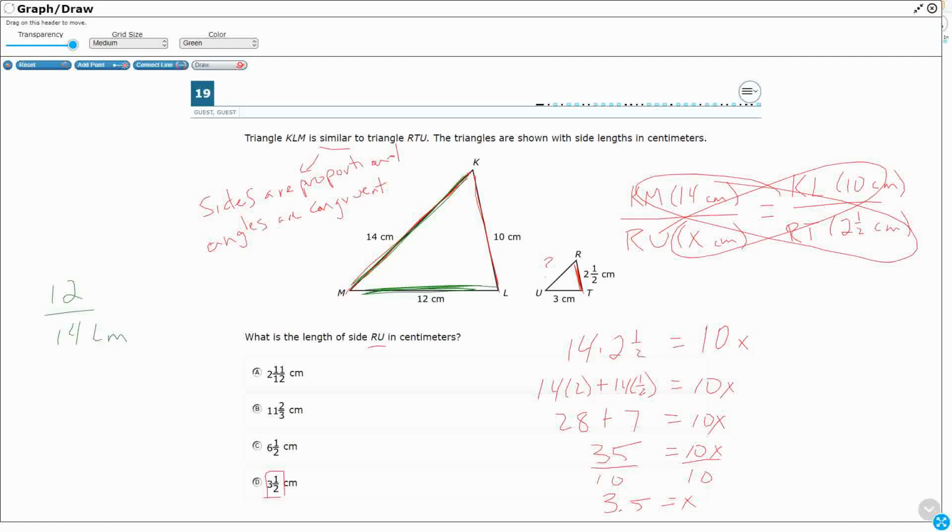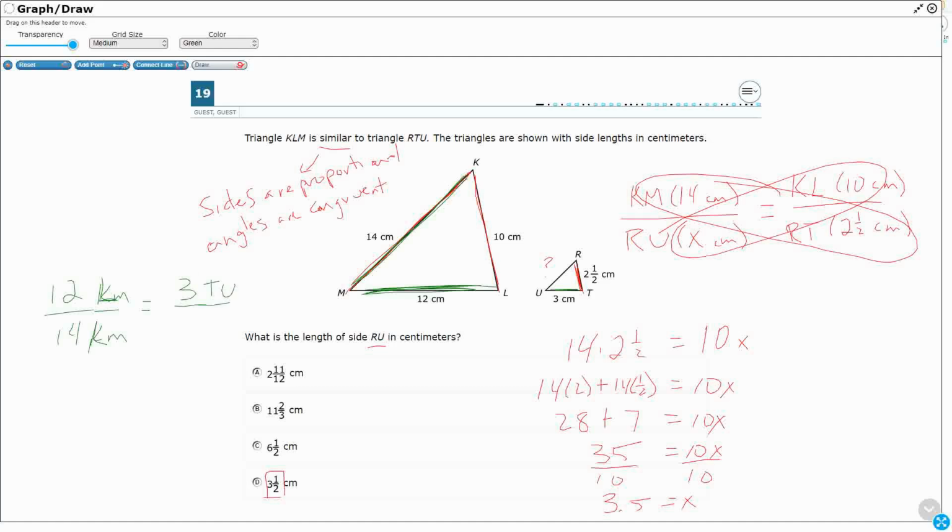So I'm going to have my proportion be of the same triangle to the same triangle. KM equals, now I need to do the matching on the other triangle. So I had my LM on top, my KM on the bottom, right? So my LM matches to my TU, so that's going to be 3.